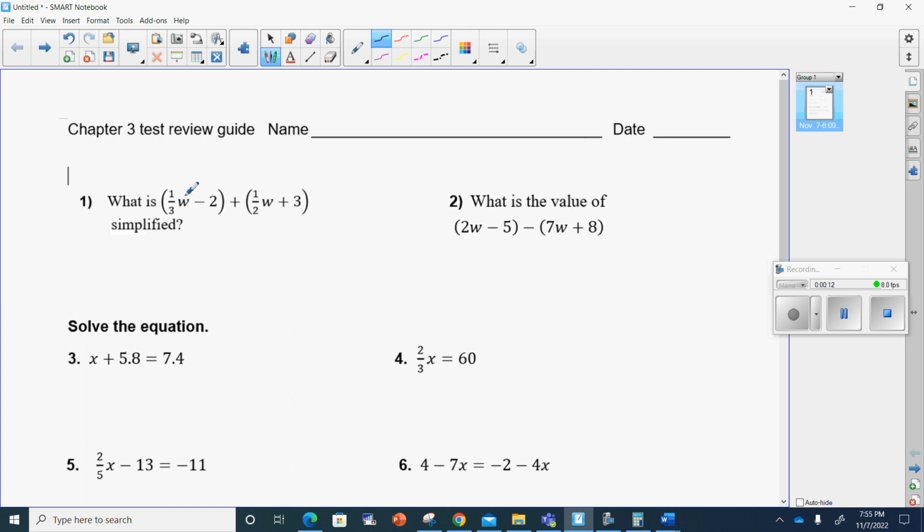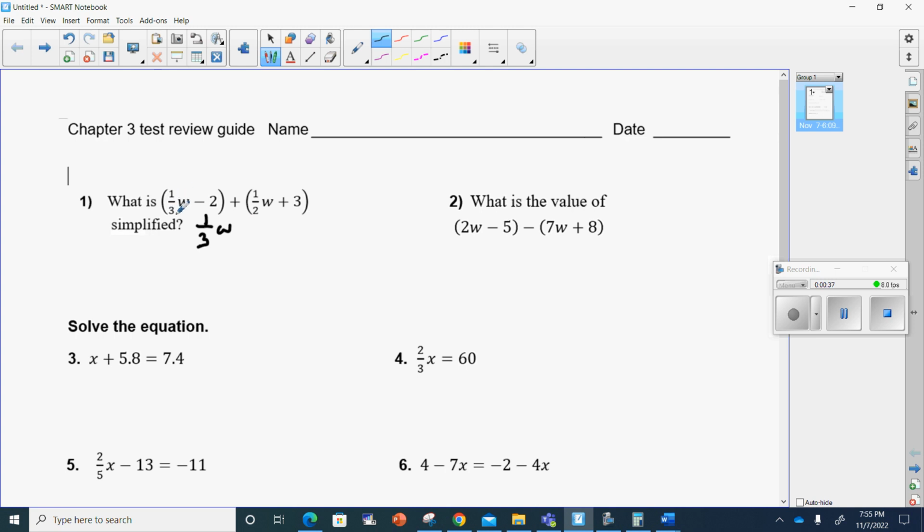Well, because I'm adding, I'm simply going to add the like terms. I'm going to take these and reform them because I'm adding. I could take 1/3 W and add it to 1/2 W. In fact, I'm just going to group them side by side here.